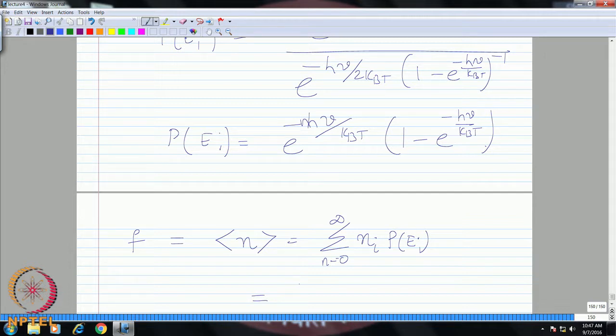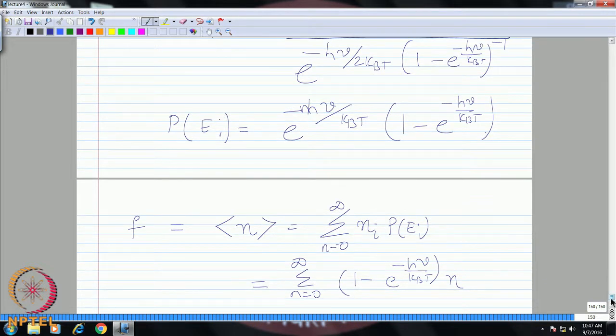So, now if you put it into this, you have again another summation coming up. So, you have 1 minus e power minus h nu by k b t, and the corresponding value of n, this n I, is nothing but n e power minus n h nu by k b t.